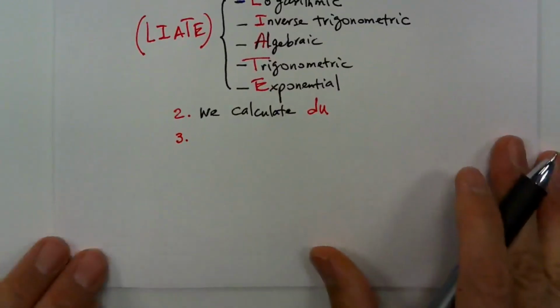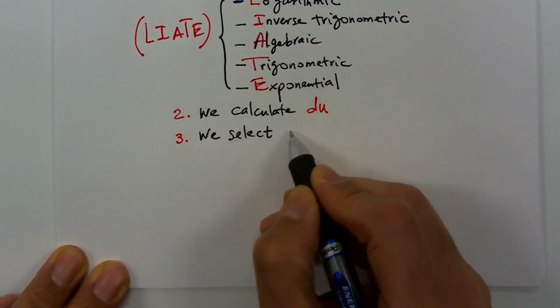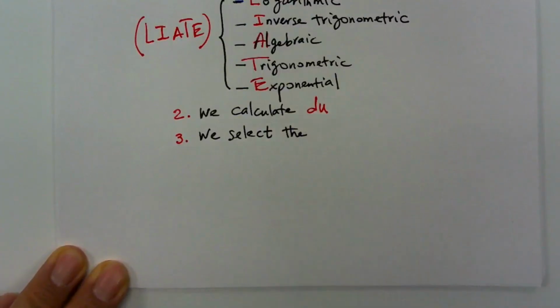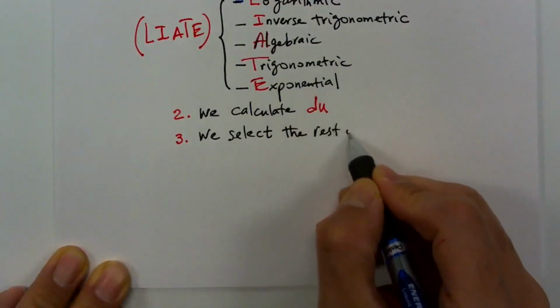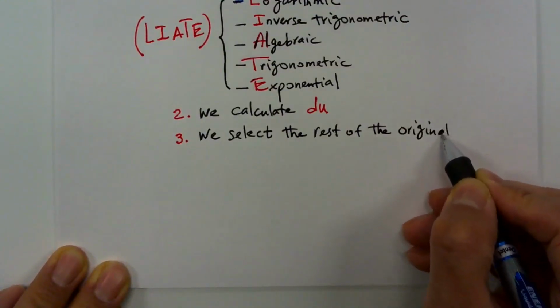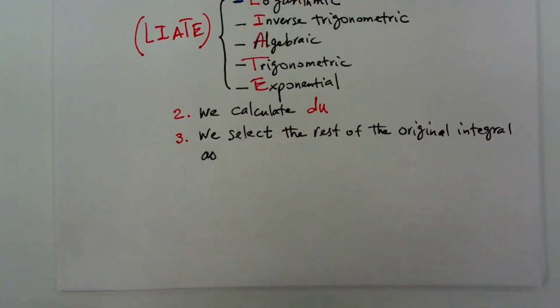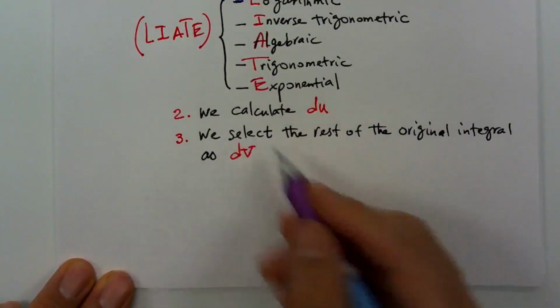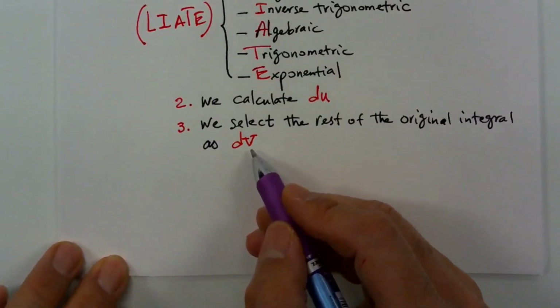Third step, we select the rest of the original integral, whatever we have left after we select our u, as dv. Notice we're introducing another new variable, v.